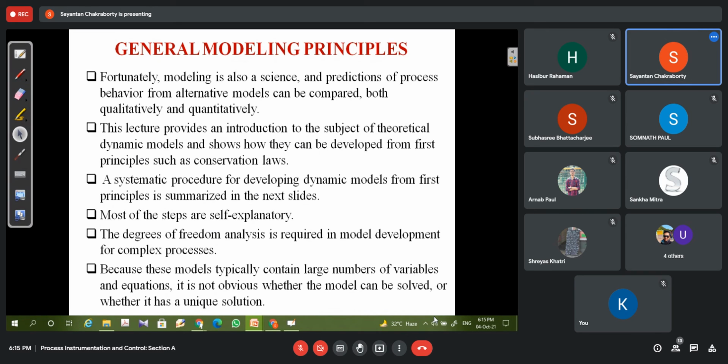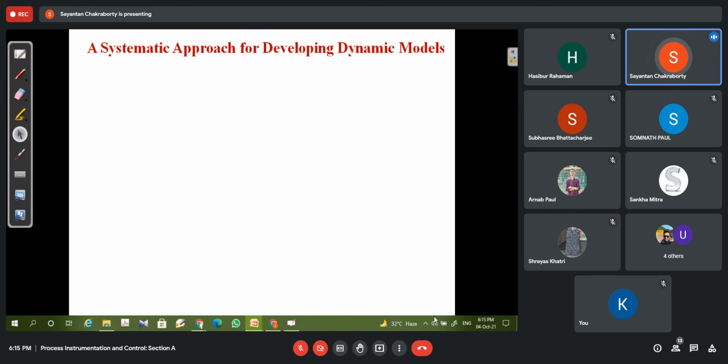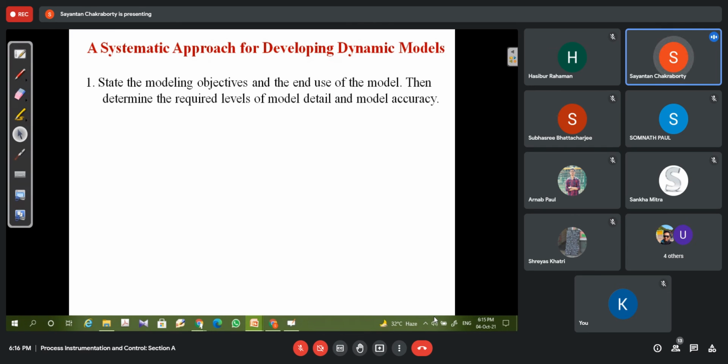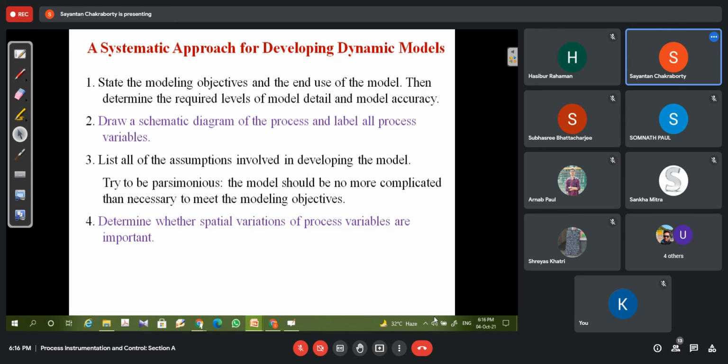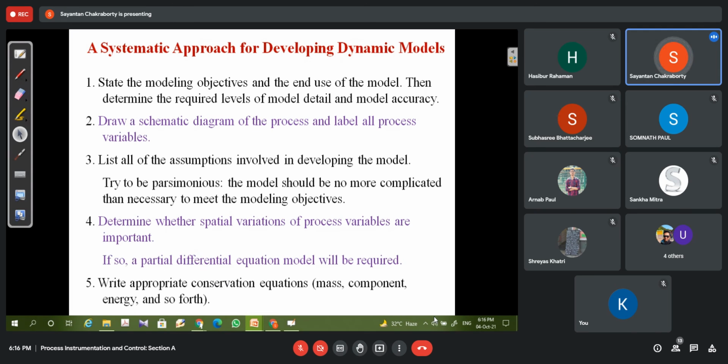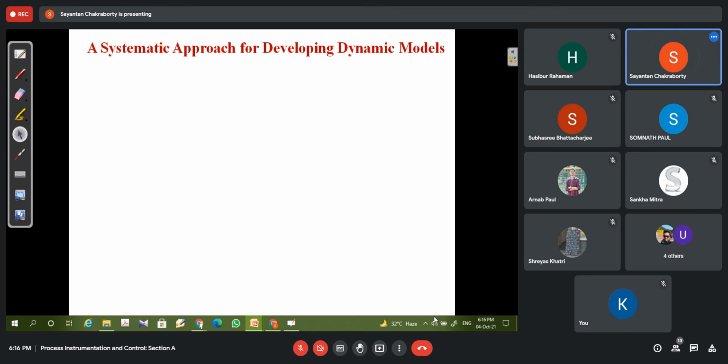So let us skip to the systematic approach of developing the dynamic model. I'll just skip through it very quickly. First, you have to state the modeling objective and the end use of the model: who will be using it, and for what purpose. Draw a schematic diagram, list all the assumptions, determine whether they are distributed variables or lumped parameters, and then write down the appropriate conservation equations: mass, component, energy.